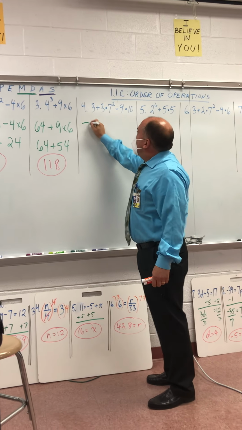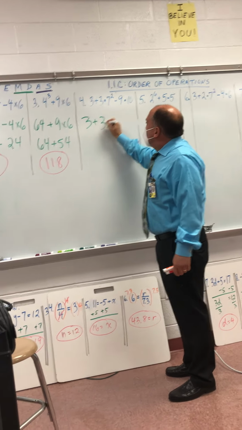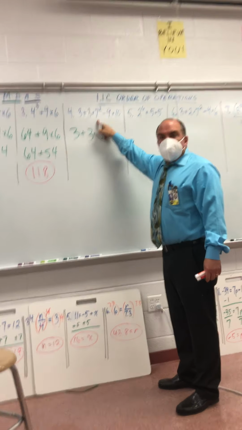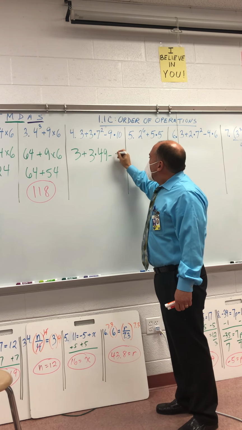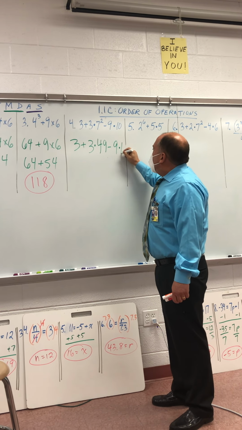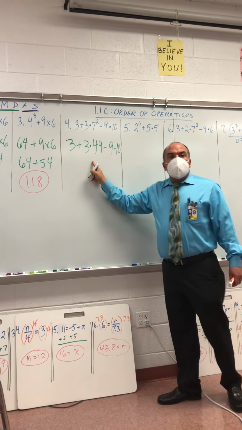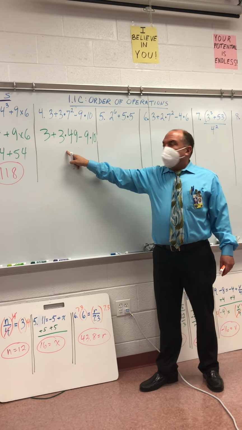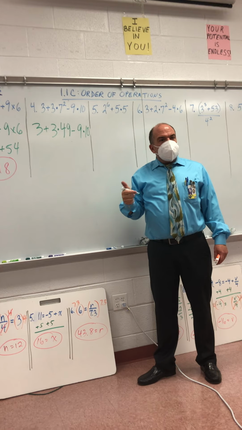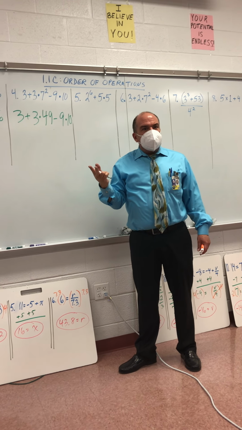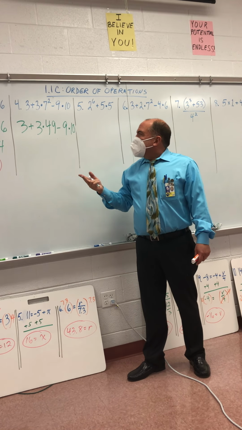I'm going to do the 7 squared first. 3 times 7 times 7. 7 times 7 is 49. By the way, sometimes you can do this in your head faster than on a calculator. Because if you think about it, 3 times 50, 50 cents plus 50 cents plus 50 cents is $1.50, right?